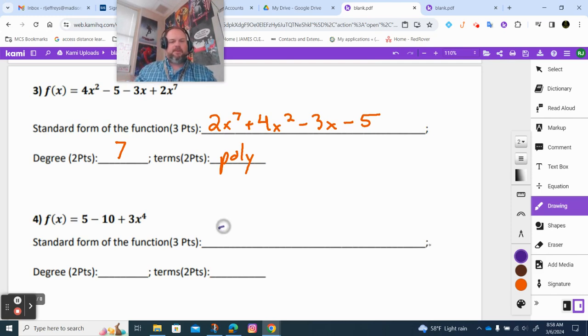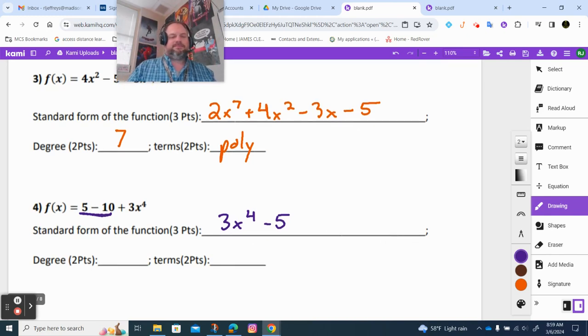And number 4, 3x to the 4th. Uh-oh. There's not, what happens here? No, you combine it. We didn't have one like that. This is a problem from years previous that had other stuff with it. I'll try to take that out.